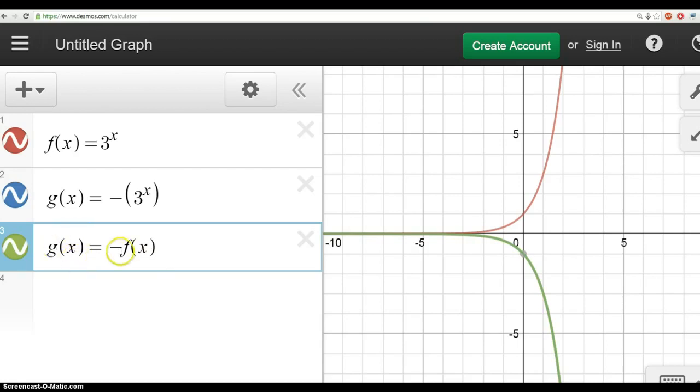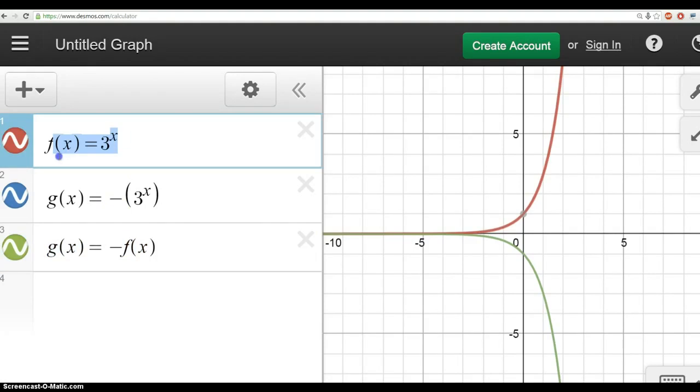And there you go. You see, this is in terms of f. I'm saying that the g is really the opposite of f. So the opposite will be reflecting over the x-axis. So write this down on your paper. This is a horizontal reflection, as I said earlier.